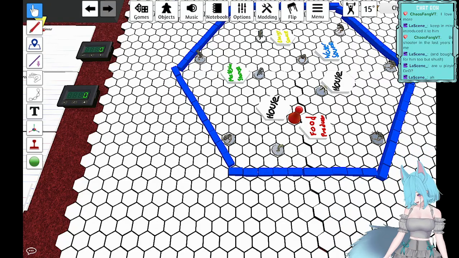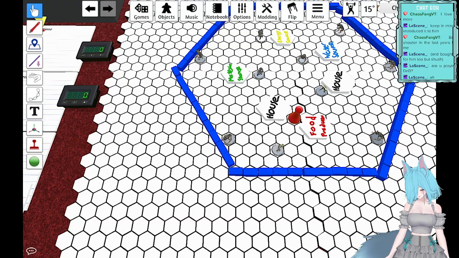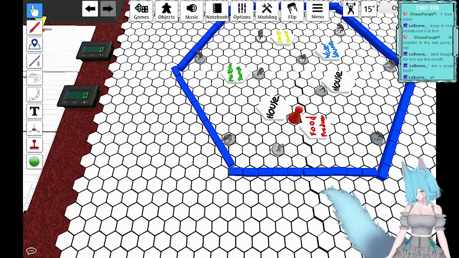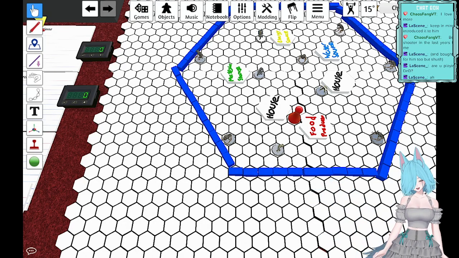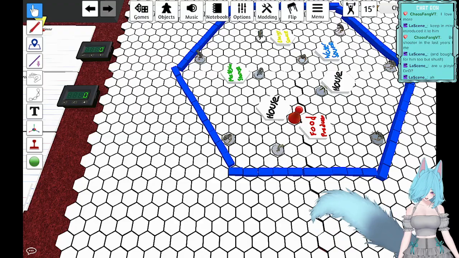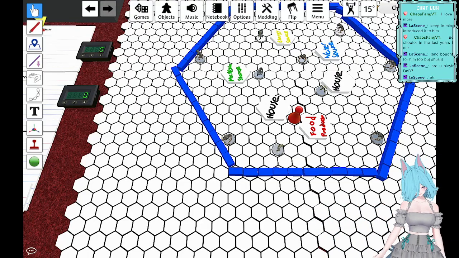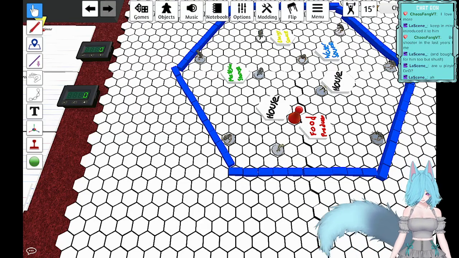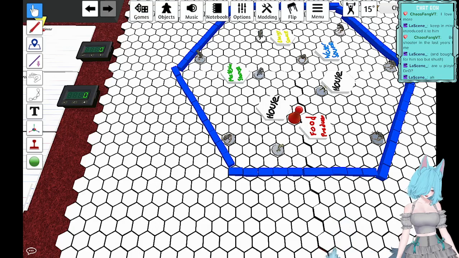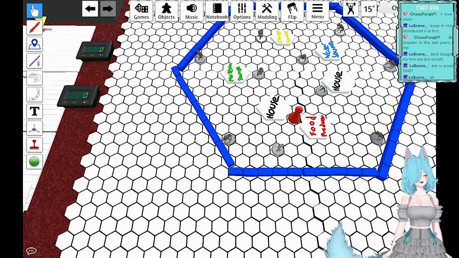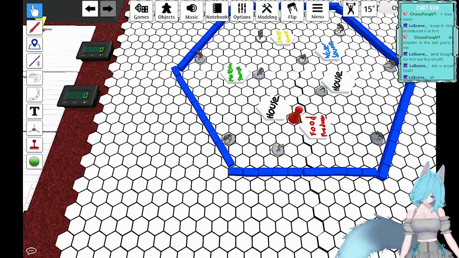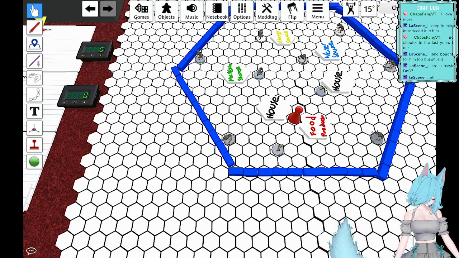Yep, I need to actually... wait, I have an idea. Oh, my back. I've been shrimping again. Oh. Yep, I need those stretchies. Oh my god. I need those stretchies bad.